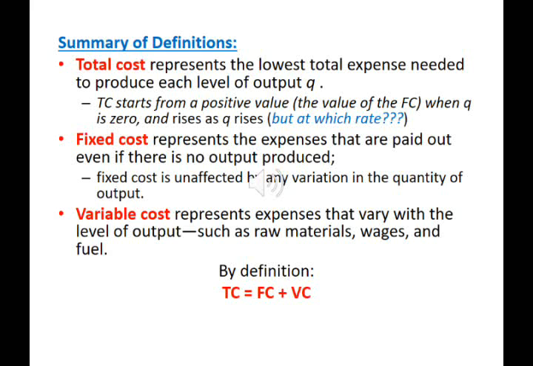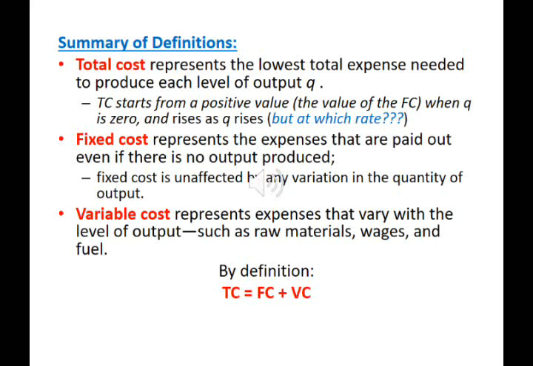It starts from a positive value, and this positive value is the value of the fixed cost. So it starts from a positive value when Q is 0, and it rises as Q rises. Okay, but at which rate? What is the rate at which total cost rises? Okay, this is what we are going to study when we study the marginal cost, because the marginal cost, okay, is the rate of change in the total cost curve, which we will study later.